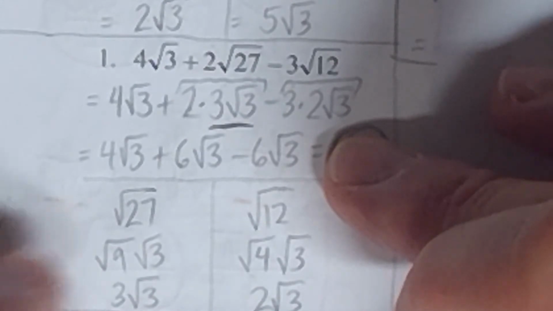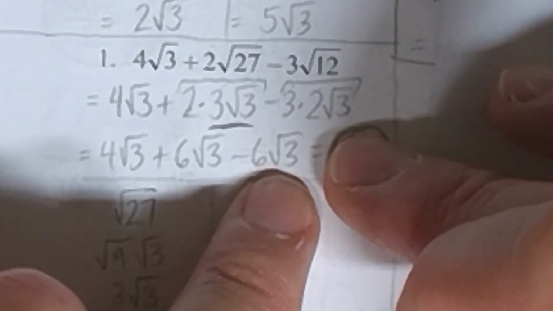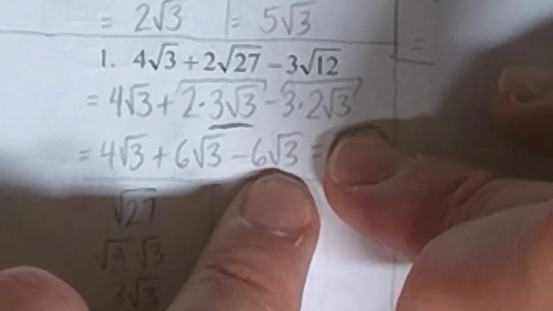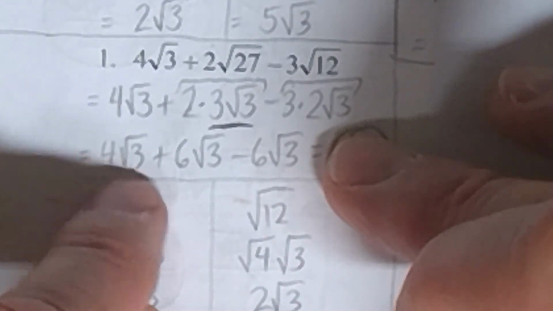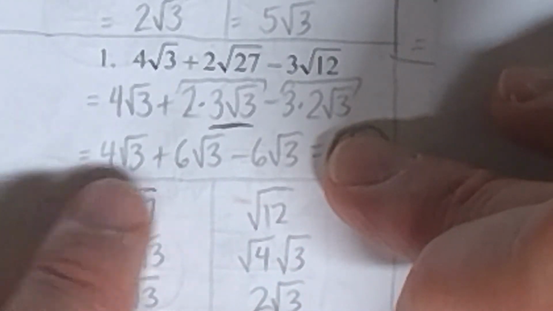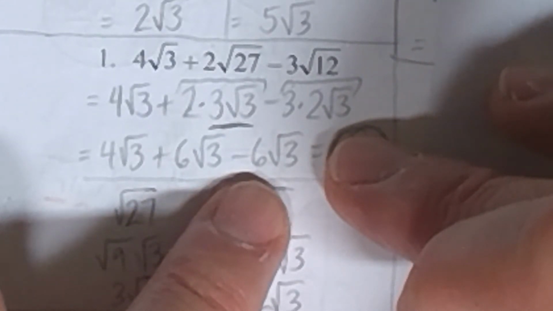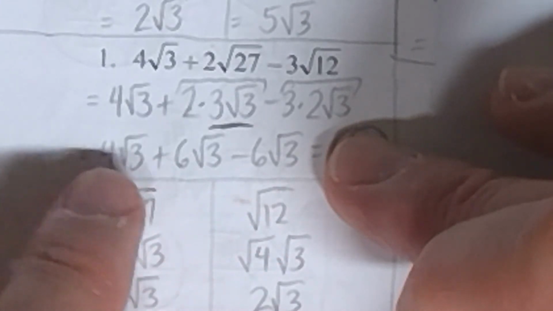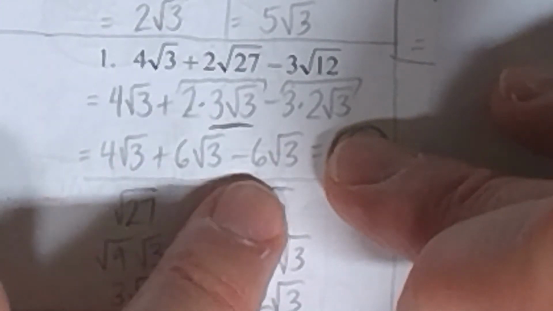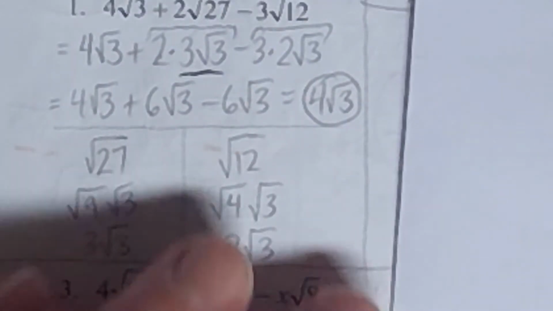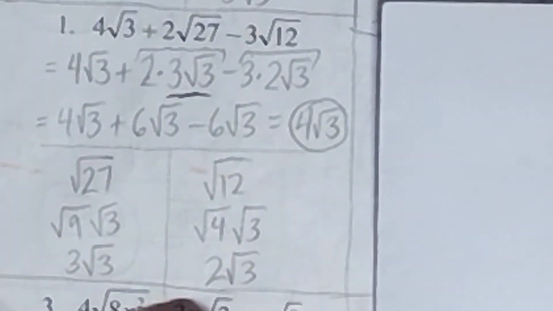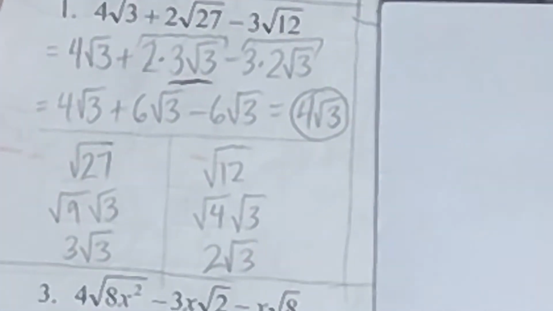Now that I have a single regular term on the outside of each radical term, the 4, the plus 6, and the minus 6, I can now combine these together due to the fact that the radicals are the same. What do we get? 4 plus 6 is 10. 10 minus 6 is 4. And again, the radical part stays the same. And that's number 1.